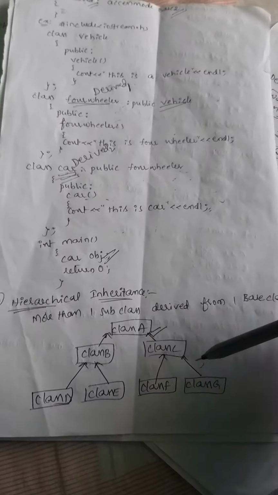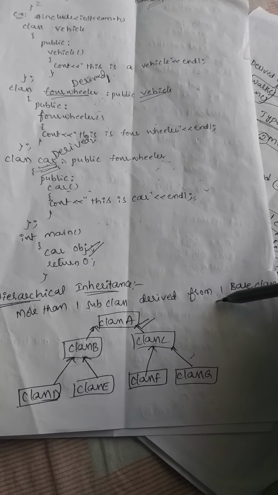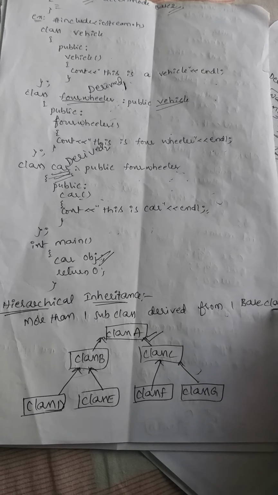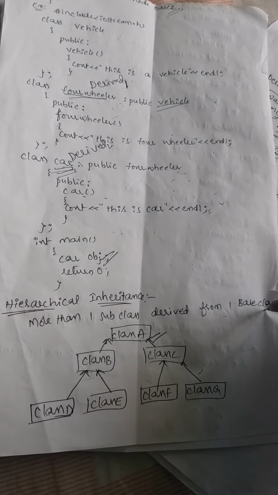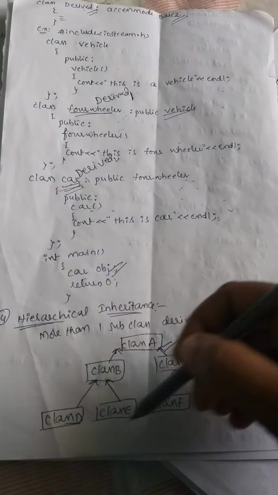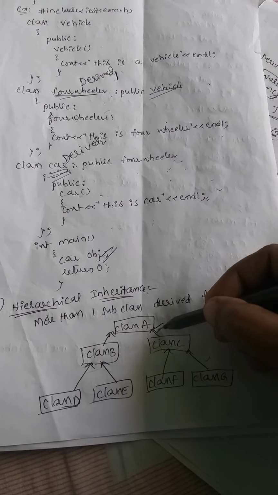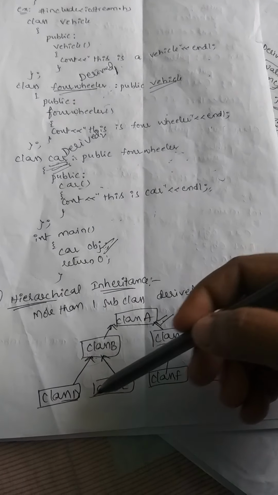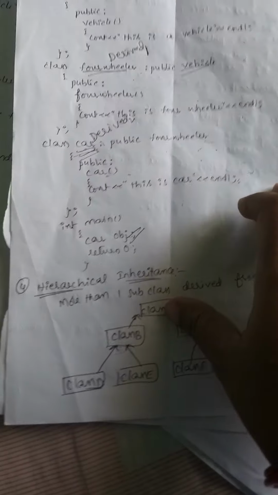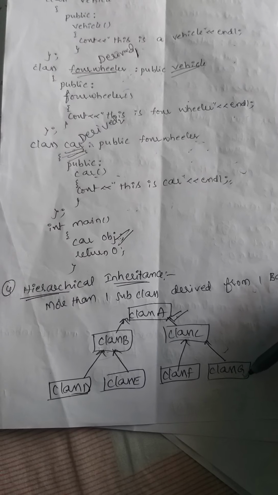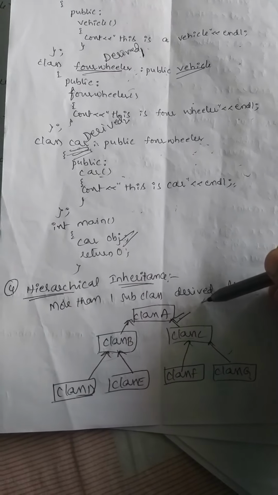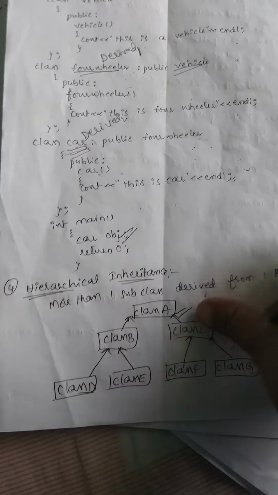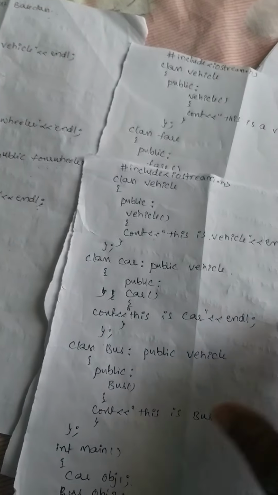More than one subclass is derived from only one base class. Here in this diagram, class A is the base class, and class B, class C, and class D are the different derived classes deriving from the same base class A. We will explain hierarchical inheritance with an example.